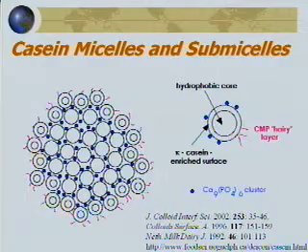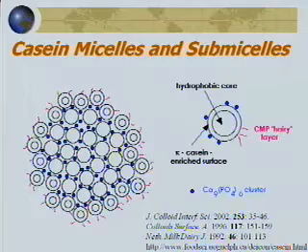On the right-hand side of the figure, this is the structure of submicelles on the outer surface. As you can see, it has a small amount of hairy layers on the outside, and kappa casein is enriched in the outside areas of these submicelles.